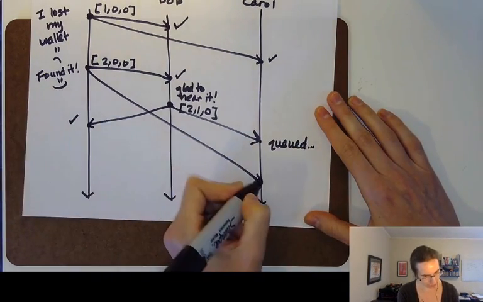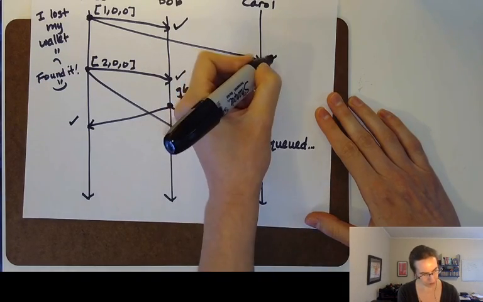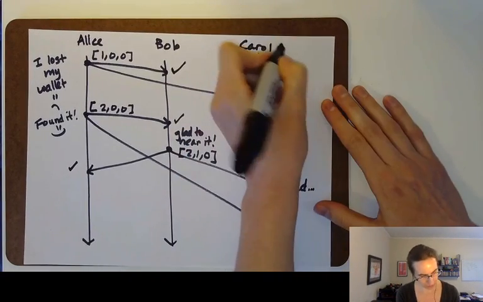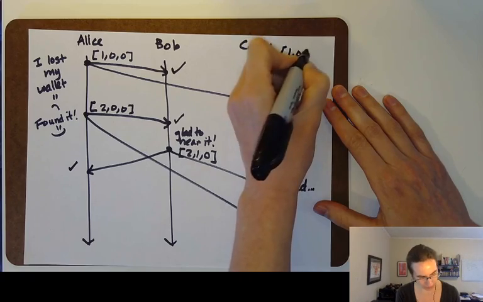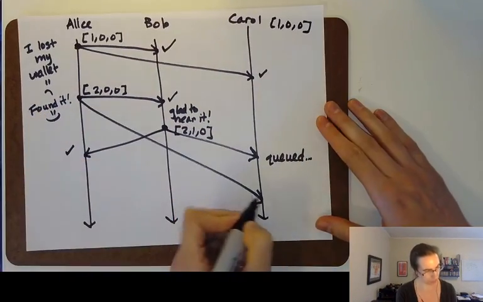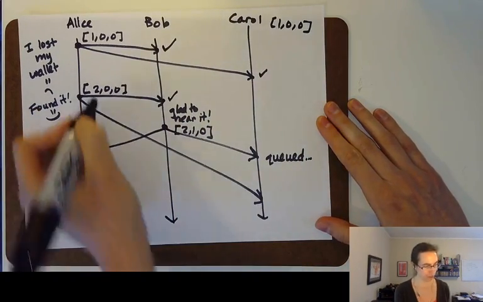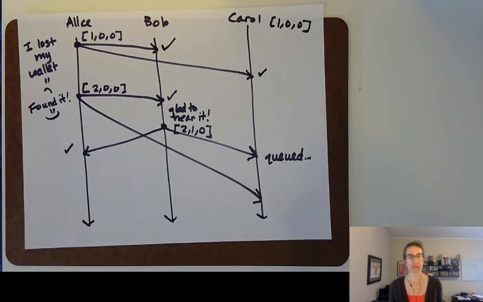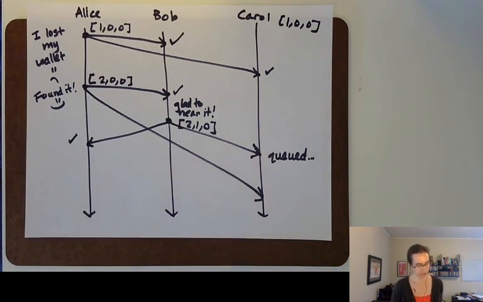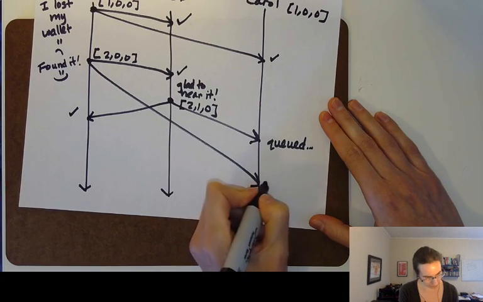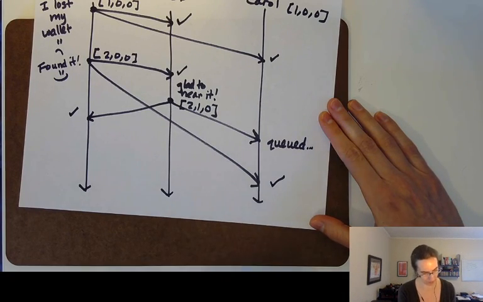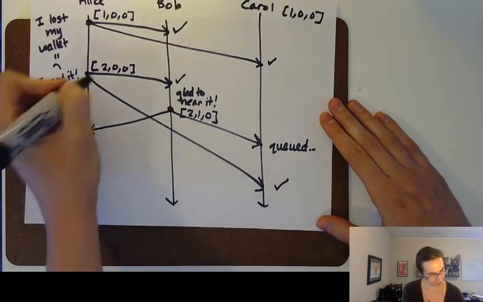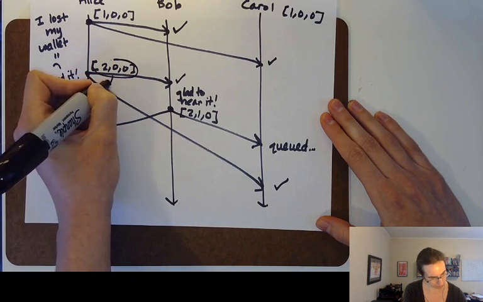And then finally this one arrives. So this message here had 100, so Carol's local clock has now been incremented to 100. When the next message arrives from Alice with the clock of 200, that one's okay to deliver too. So that one can get delivered. This 200 corresponds to both this and this here.